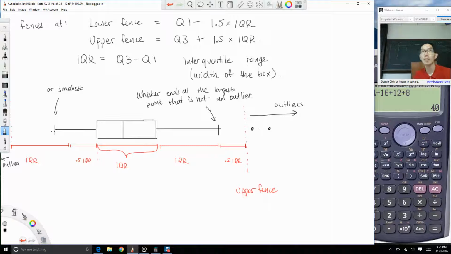Yes. The whiskers could theoretically go all the way up to the fence. But if your lower fence ends up in territory that doesn't even make sense, then your whiskers won't even approach that.